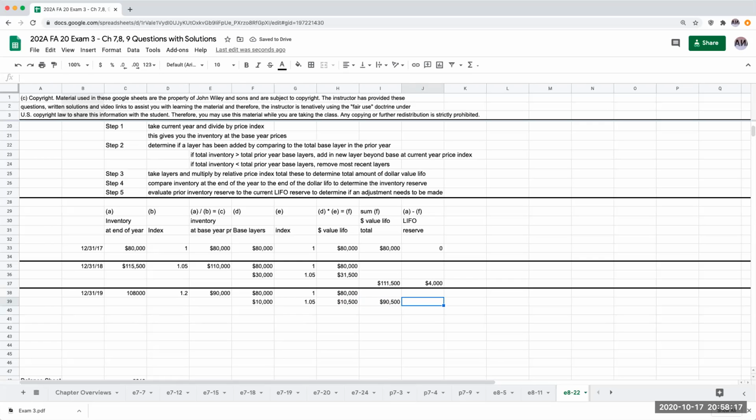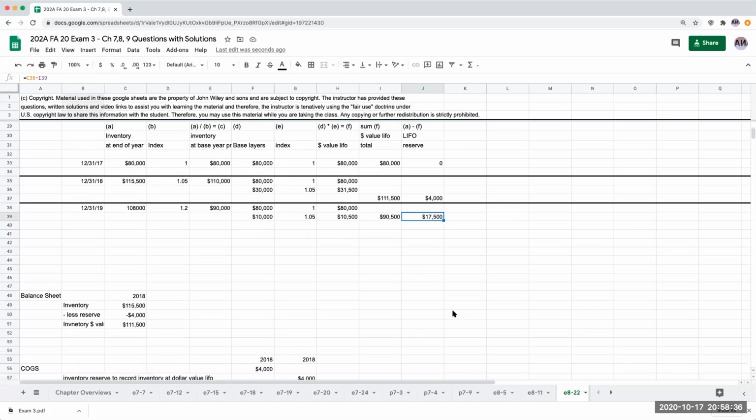So my LIFO reserve is going to be the difference between my ending inventory at end of year prices, which is the 108,000, less my dollar value LIFO amount, or my adjustment, which needs to be 17,500.